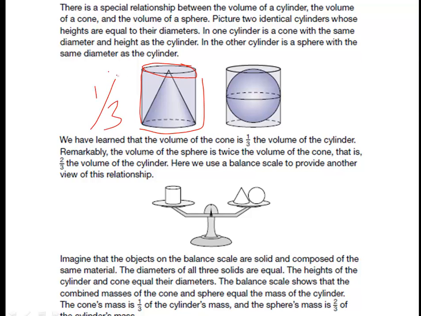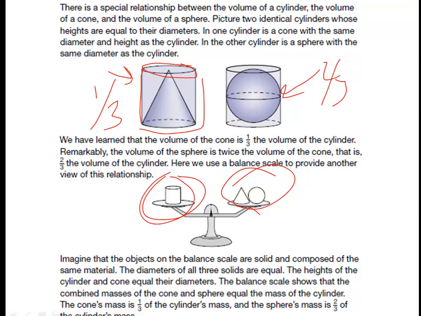The sphere equals 2/3. We know that because if we put them on a scale, these two would equal the same weight as the cylinder. We're going to use that to figure out the formula for the volume of the sphere. We know the surface area is 4 times pi r squared, but let's figure out what it is for volume.